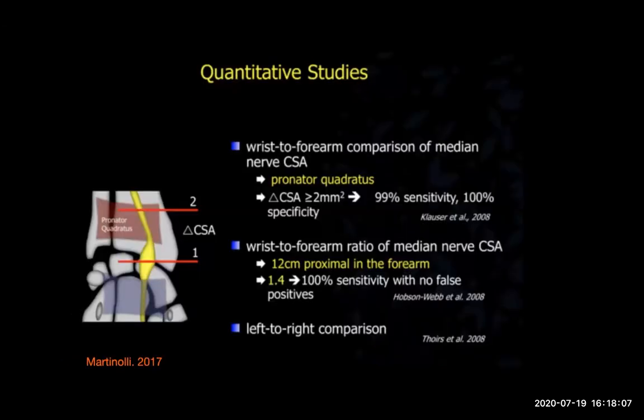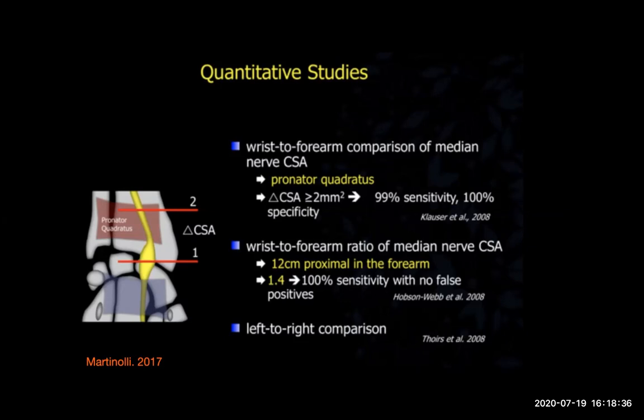Now, what they see to be a very reliable way of measuring is to compare the reading from the pronator quadratus and that of the measurement at the carpal tunnel inlet. A difference of 2 millimeters squared means that you have carpal tunnel syndrome, regardless of whether the size is more than 10 or less than 10.